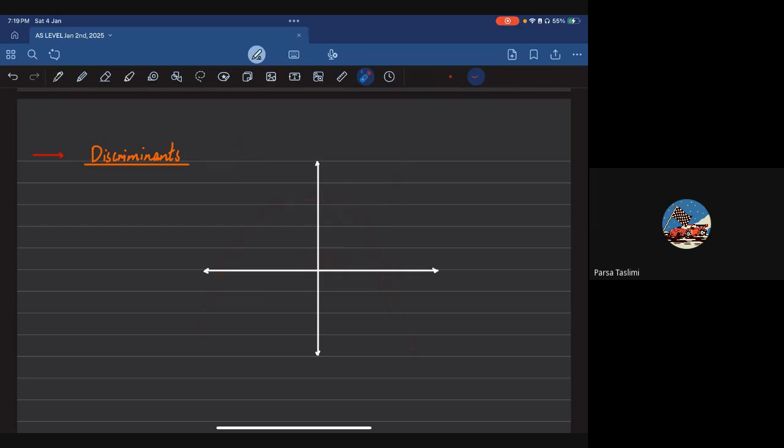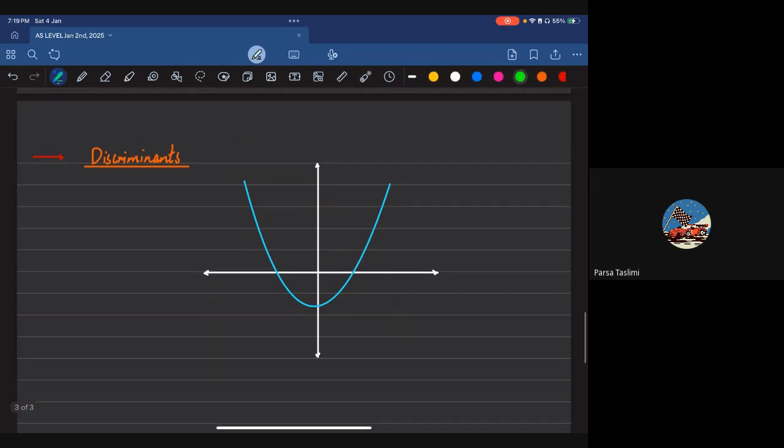But there is one possibility that the graph cuts the x axis twice, like this. It's a high possibility that this can happen. At the same time, the graph could be like this.